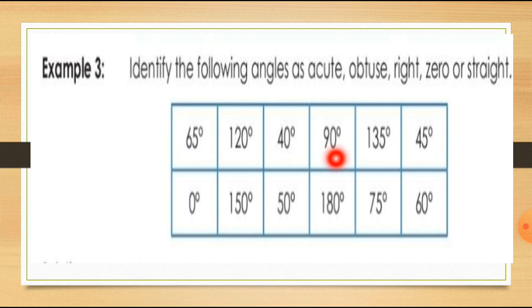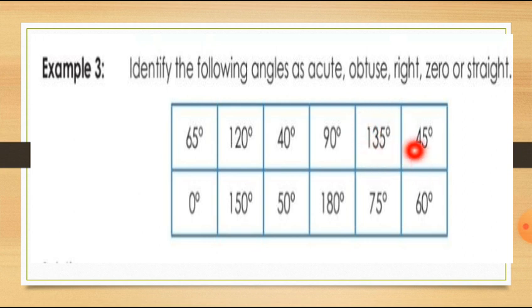Then 90 degrees. 90 degree angles have a name. What is that? Right angle. So 90 degrees is a right angle. The next one, 135 degrees. 135 is greater than 90 degrees but less than 180 degrees, right? So 135 degrees is an obtuse angle. You can write here obtuse angle.